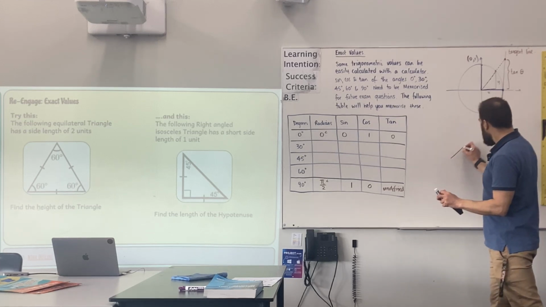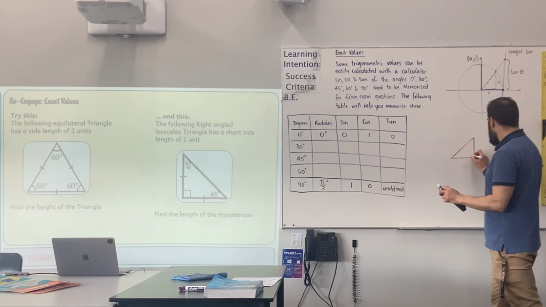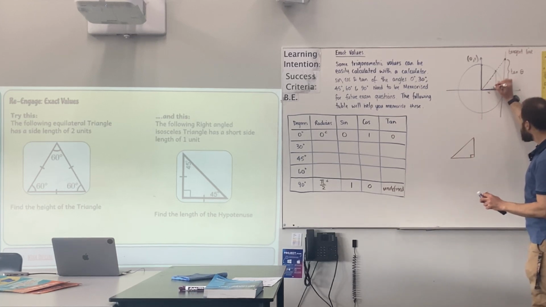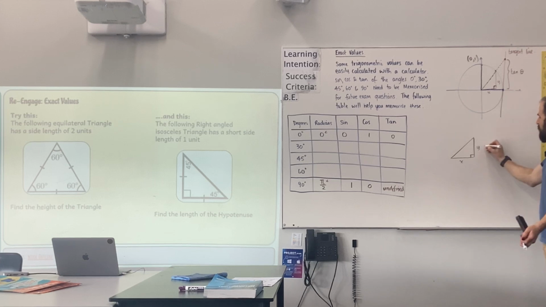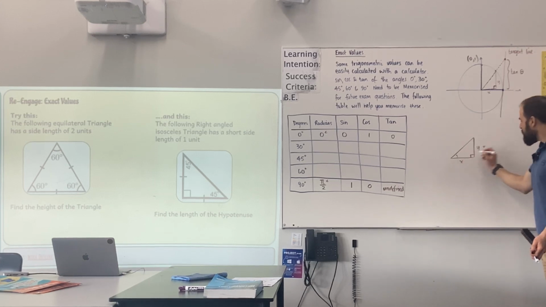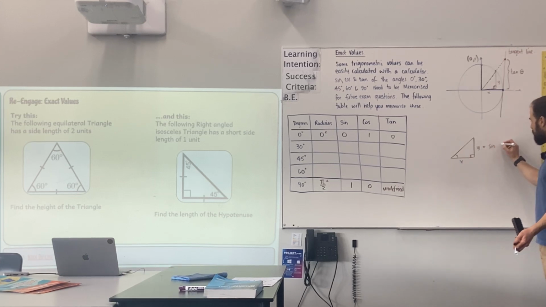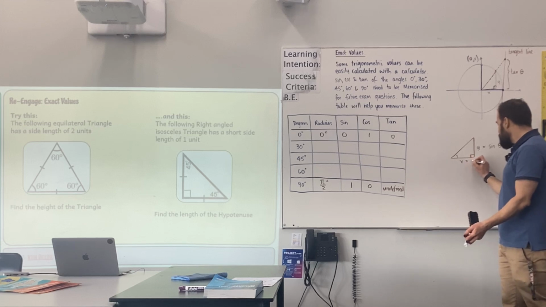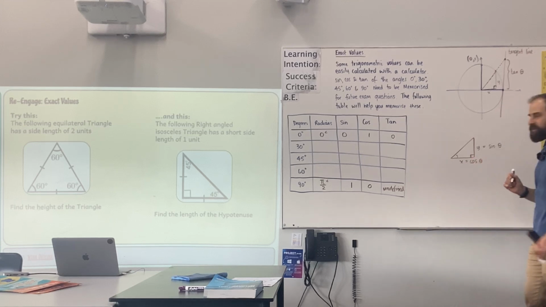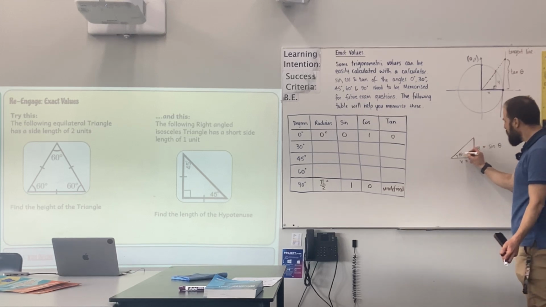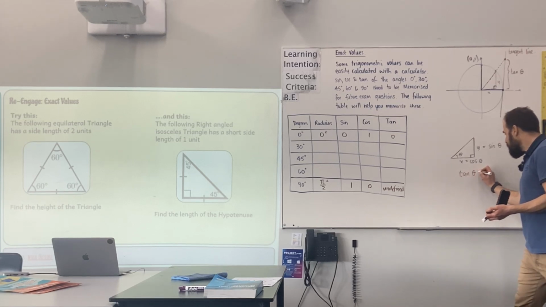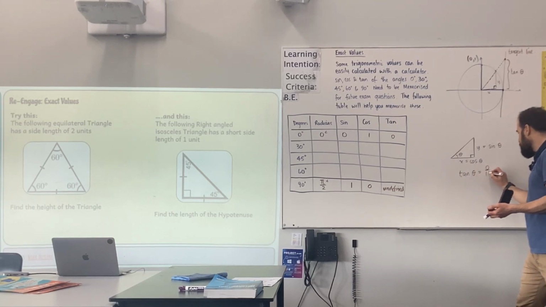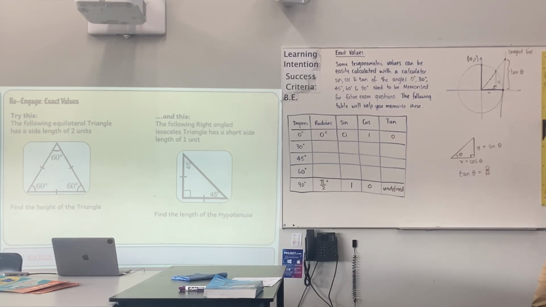The other thing that we can do for tan, let's come back to this right angle triangle in here. This is my y value, this is my x value. We already know that y is equal to sine of theta, x is equal to cos of theta, correct? And we also know from right angle triangles that tan theta is equal to the opposite over the adjacent, correct?